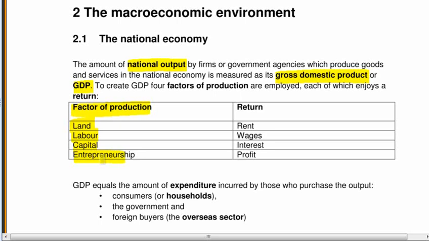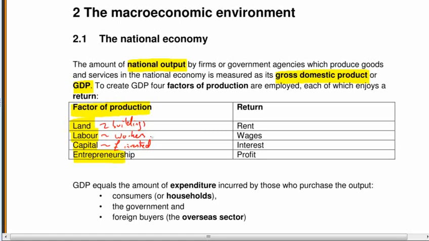So land are your buildings. Office buildings, factory buildings, and obviously the land that they're built on. Labour are your workers. And that would include managers. So reasonably senior workers, so managers, directors. You also need capital. So that's the money that's invested in the business, and we know that comes from a variety of sources, don't we?